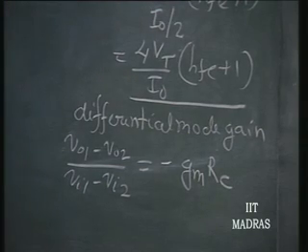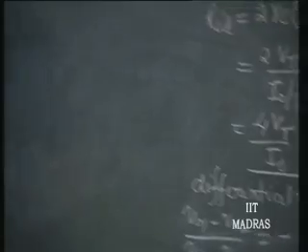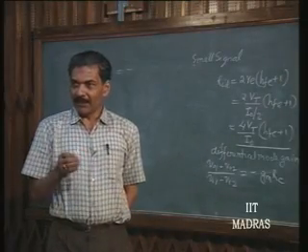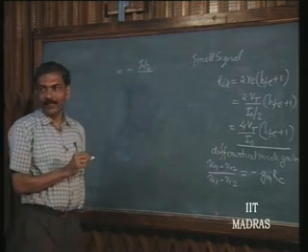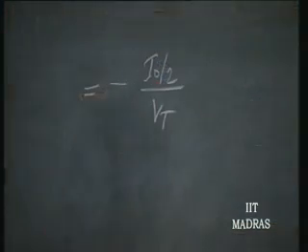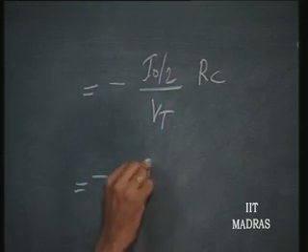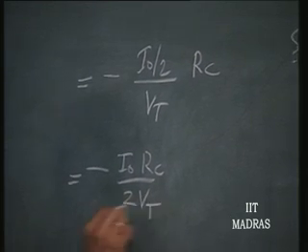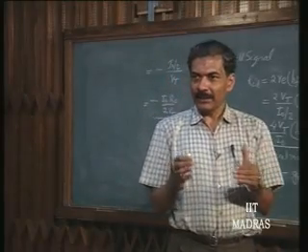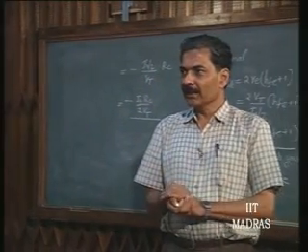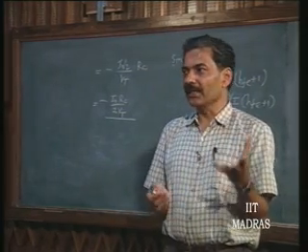This is what we have shown last time, and GM is the operating current I naught by 2 divided by VT. So, that into RC, or this is equal to minus I naught RC by 2 VT. I am writing this in terms of the operating current and other well known parameters, so that given the operating current you get quickly a picture of what the input impedance is and what the gain is straight away.